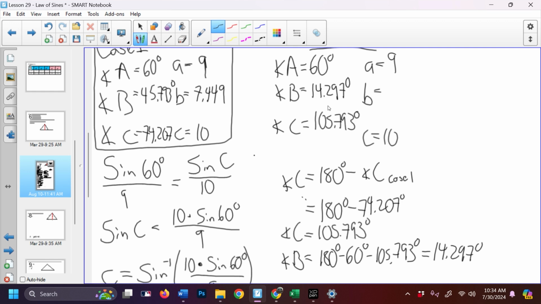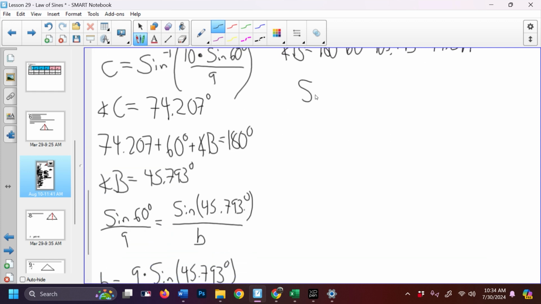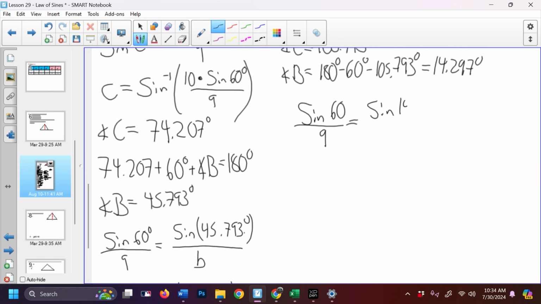And then it's a very simple matter to solve for this last B. We will again use the law of sines. I know that the sine of 60 degrees over 9, that's the ratio between A, is equal to the sine of the angle that we just calculated, 14.297, all over little b, which we have to calculate.